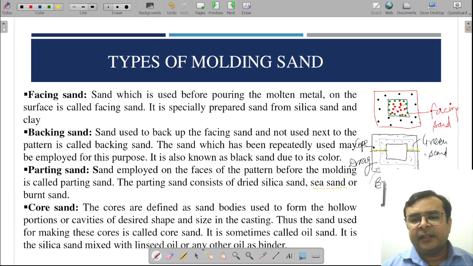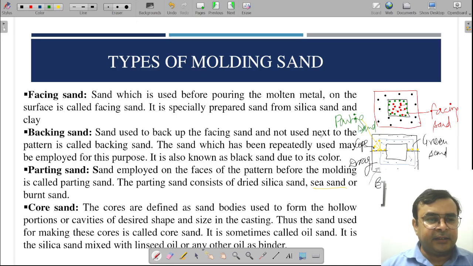And when we sprinkle this, then obviously it prevents the bonding between cope and drag. So this sand is called as parting sand.